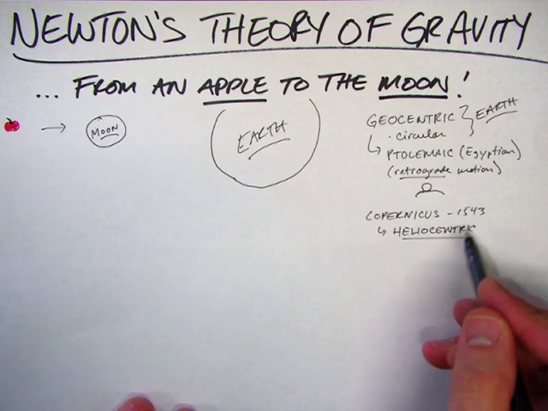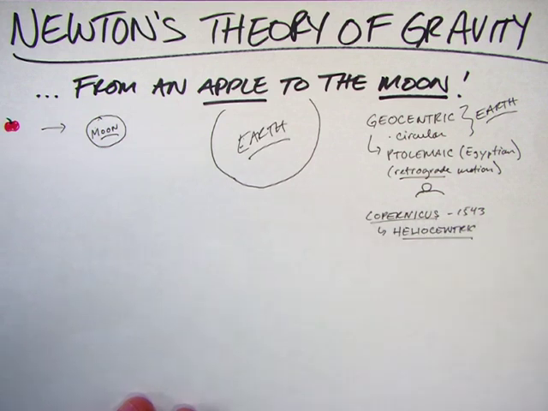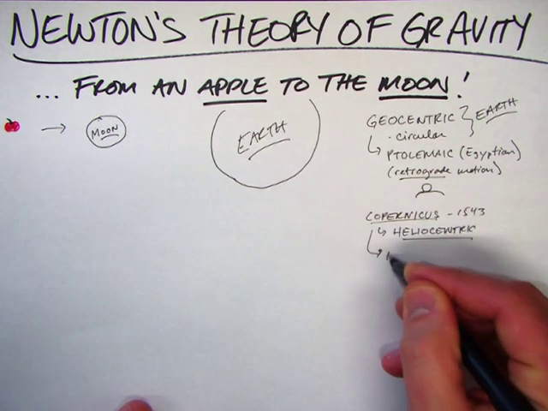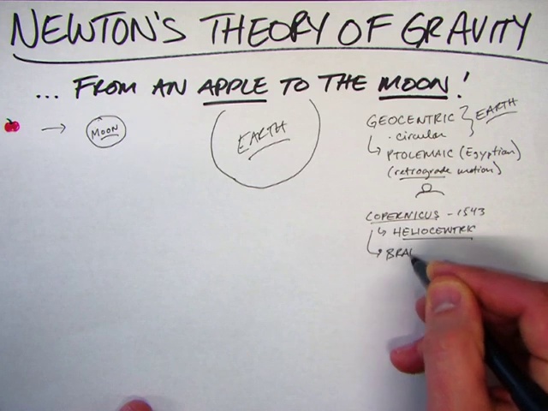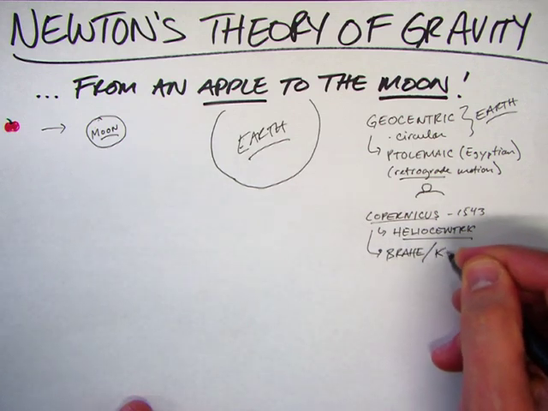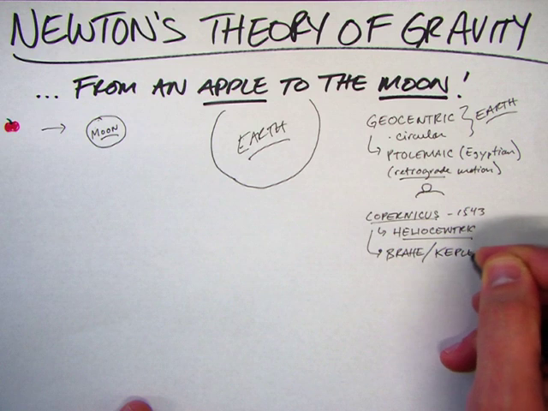But this heliocentric model was introduced by Copernicus in 1543, and then over the course of the next century, a series of observations, a series of determinations were made that supported this view. From Copernicus, we have Tycho Brahe, whose apprentice was Johannes Kepler.